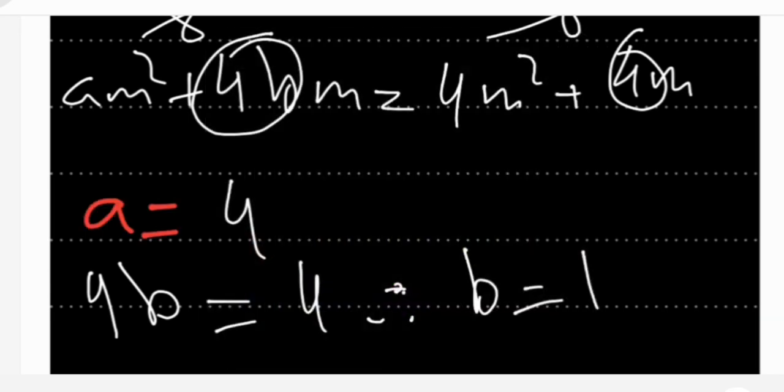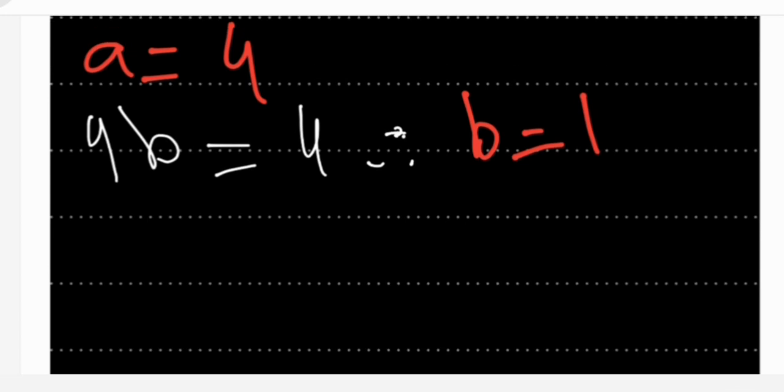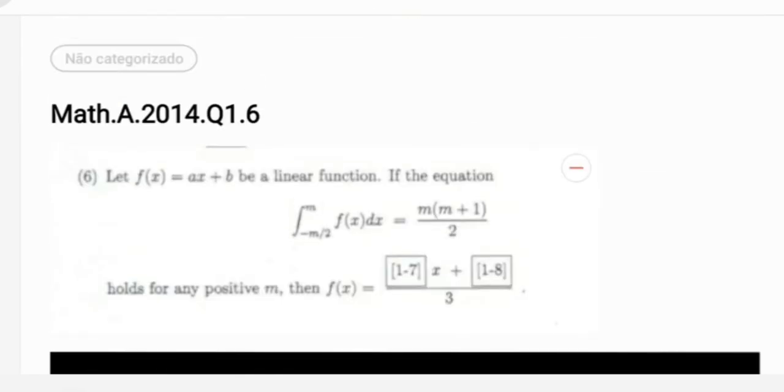This is our answer: 4 for 1, 7 and 1 for 1, 8. In the future, when I learn more about integration, I think we can solve this without using the answer, so I'll try to find a way.